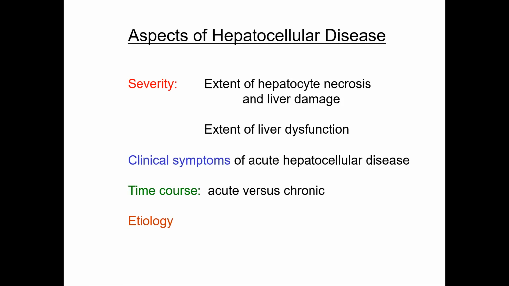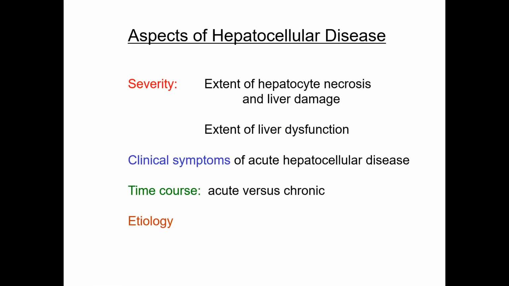Your clinical symptoms of acute hepatocellular disease can also be non-specific at times, but there are also some conditions that could point to the presence of your hepatocellular diseases, including jaundice, which is associated with problems with the liver and your bilirubin. Of course, the time course will be either acute or chronic.